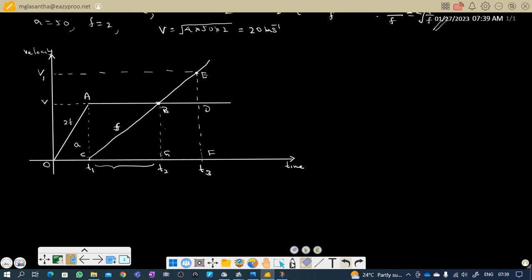Now, at the instance t equals t3, both cars travel the same distance.